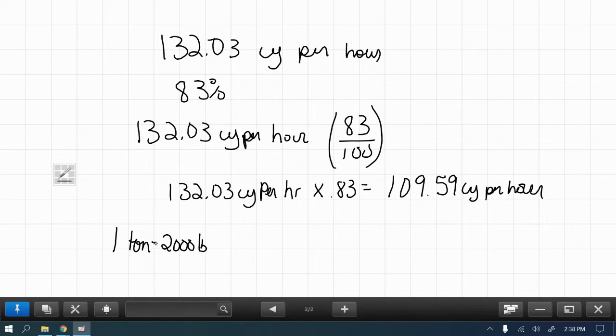Right now, this is in cubic yards per hour. If I want to put it in cubic feet per hour, times by 27. So 109.59 times 27. This is in cubic yards.